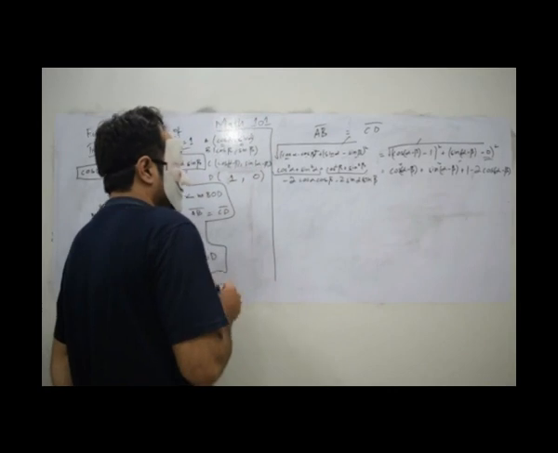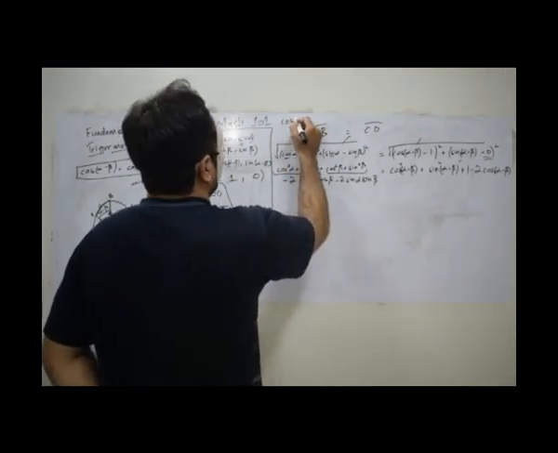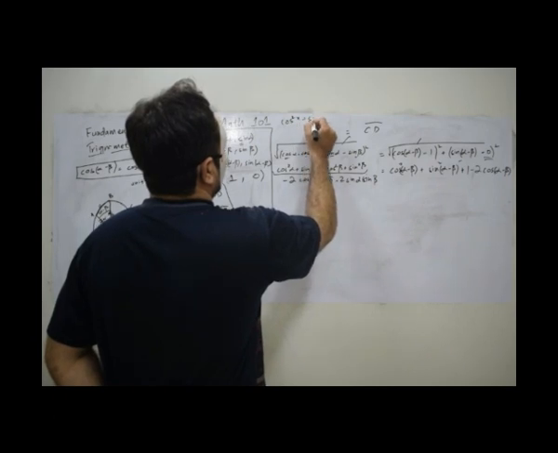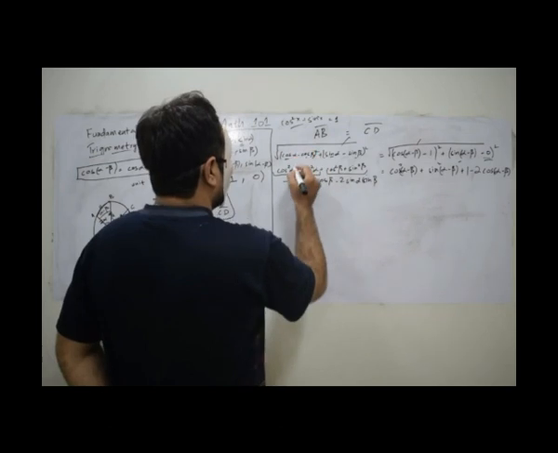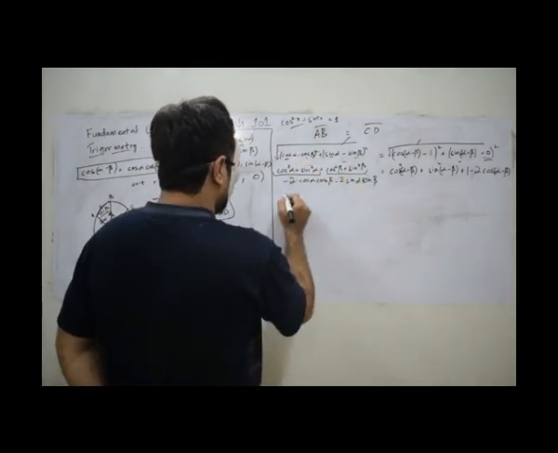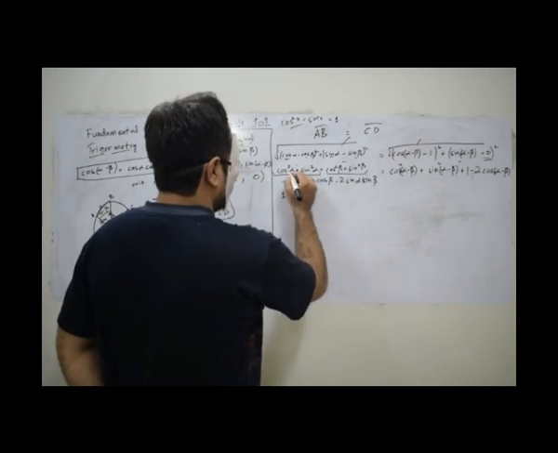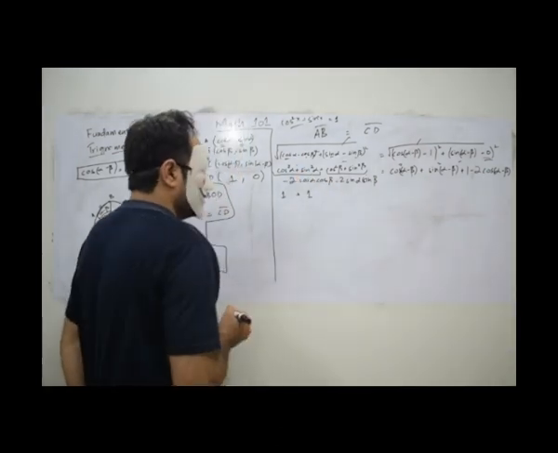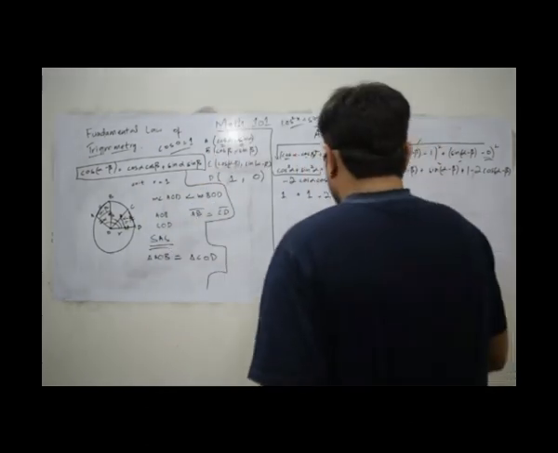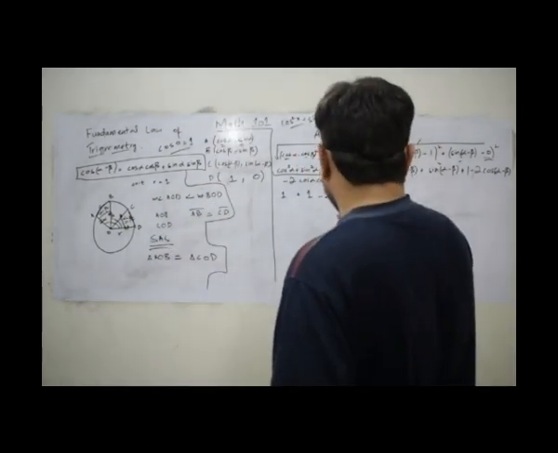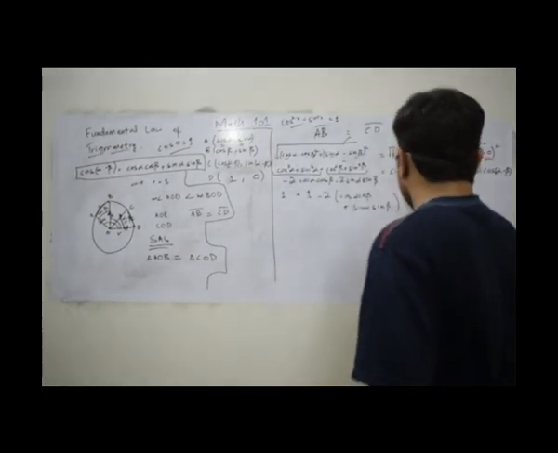Left side of the equation. We know cos squared x plus sine squared x is equal to 1. So this and this become 1 plus 1. This is equal to 1. This is also equal to 1. That's plus minus, because we've taken minus 1.